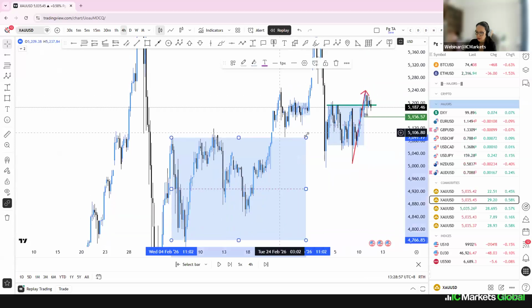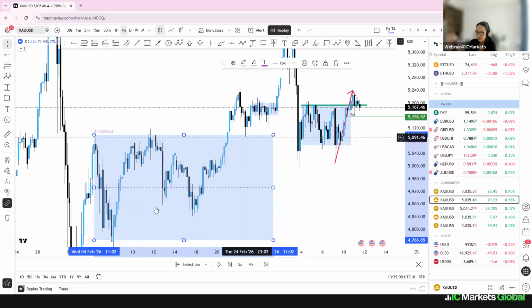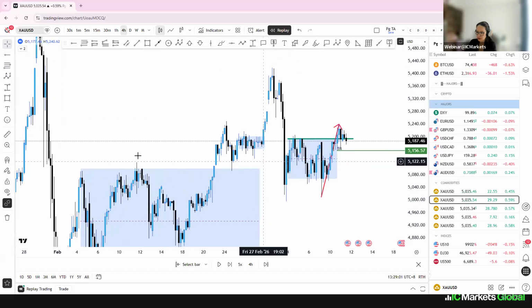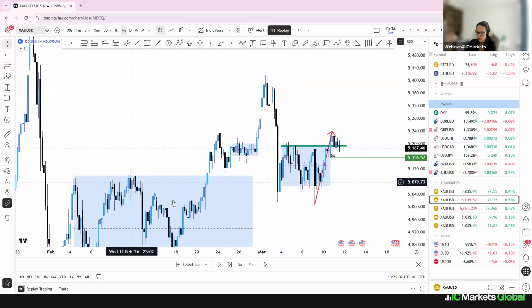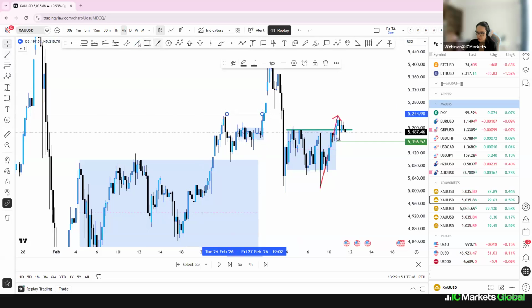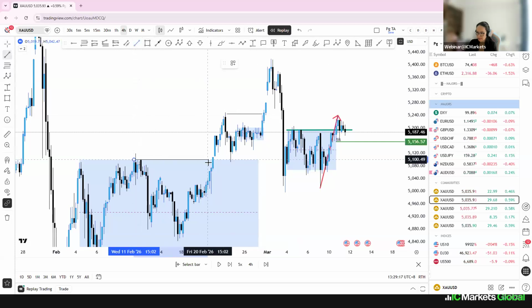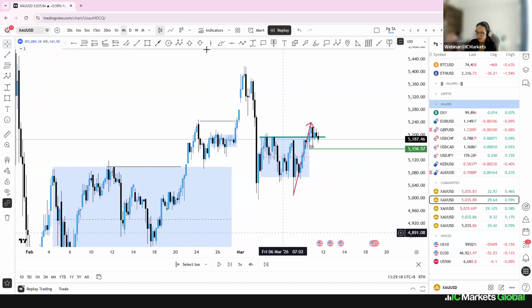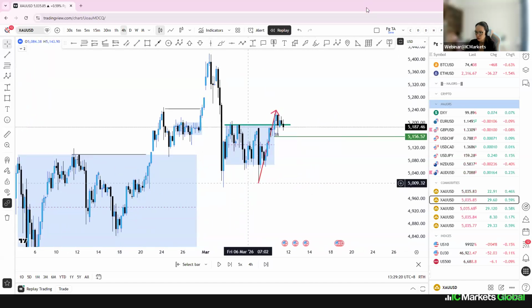You don't get the buy entry somewhere else, you get a buy entry here. After that, price makes this high, goes back to make the higher high, pulls back to a higher low and continues to make higher highs. Take out this high, and take out this high. Okay, so this is what it looks like.